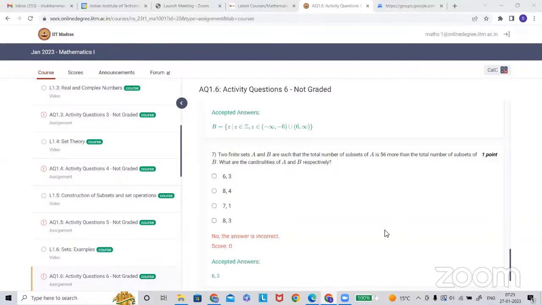Now, what I did after this is I took 2 to the power of n, the total number of subsets of A, equals the subsets of B, which is 2 to the power of m, plus 56.